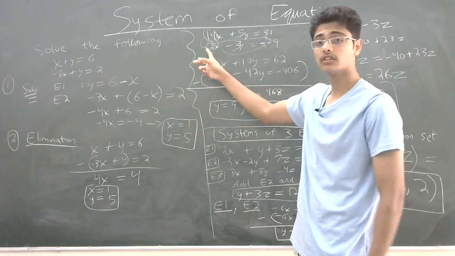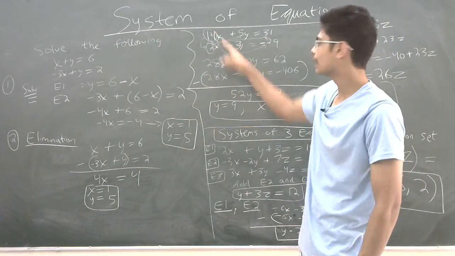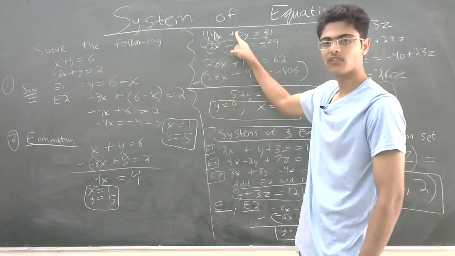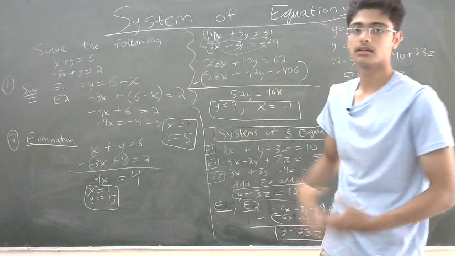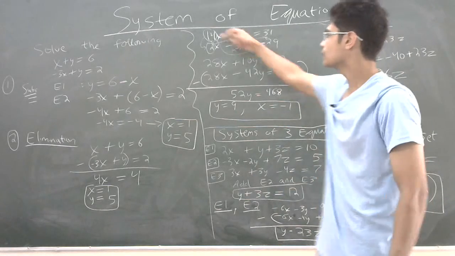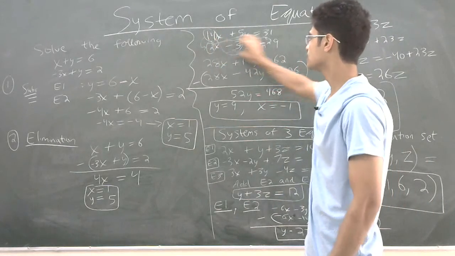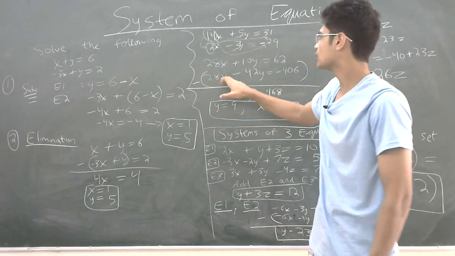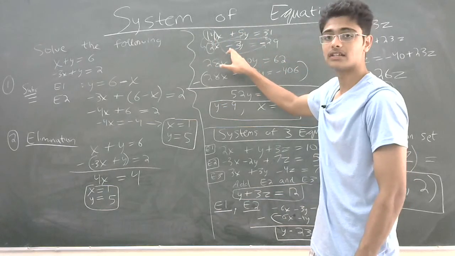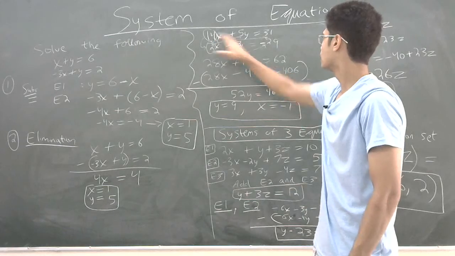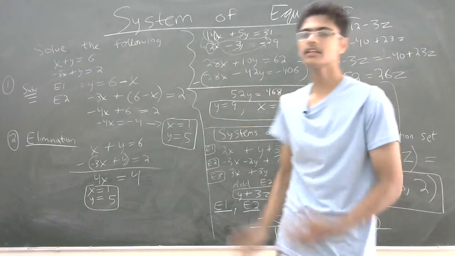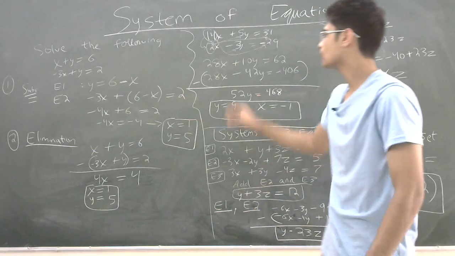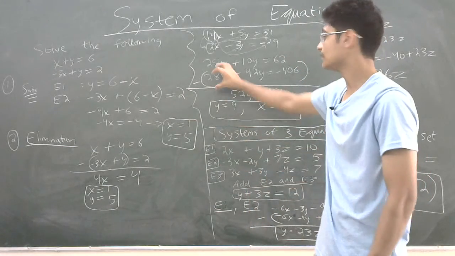So if you have 2, you could do 2 times 14x, 28x, 2 times 5y, so you have plus 10y, 2 times 31, giving you 62. And then you have 14 here, so again, multiply this equation by 14, and you get 28x minus 42y, and then 14 times negative 29, negative 406. Clearly, you have 28x. And so what you want to do is eliminate the 28x.